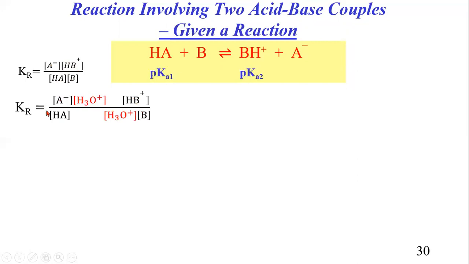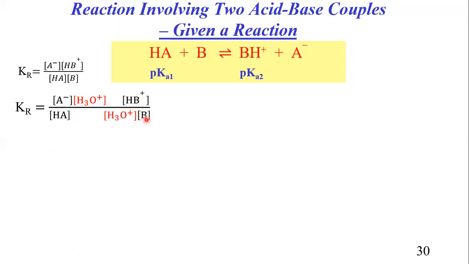And then take a look at what this reminds you of. This expression right here, A minus H3O plus divided by HA. Yes, that's like the Ka of HA. What does this remind you of?